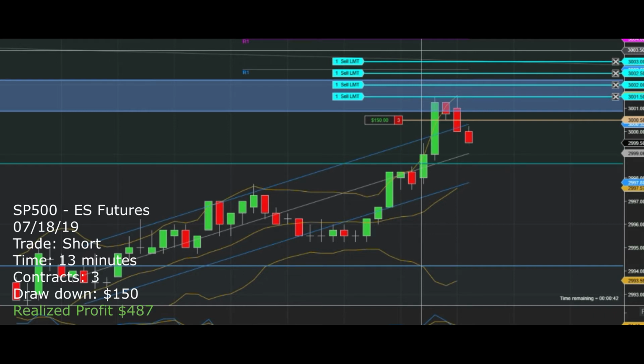Bear is trying to put in a nice little V-shaped top here. We're already well in the profit, but we're looking for a little bit more of a move downward before locking in our profit.